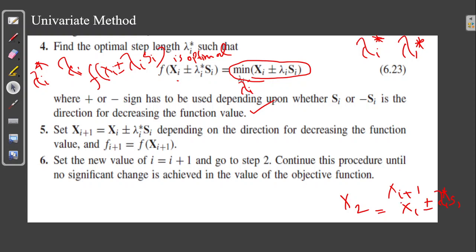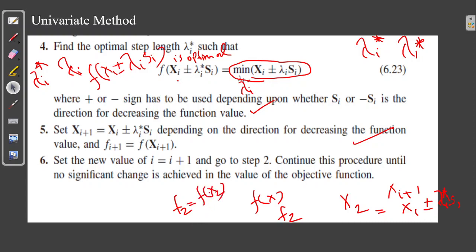Set this as the new initial or starting point, depending on the direction for decreasing the function value, and we will get the new optimized value for the function f of X as f2, in which f2 is equal to f of X2, right?